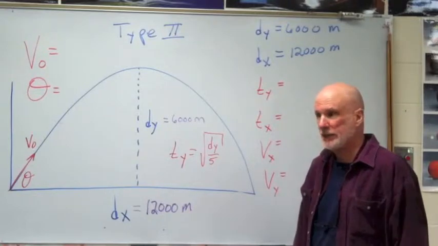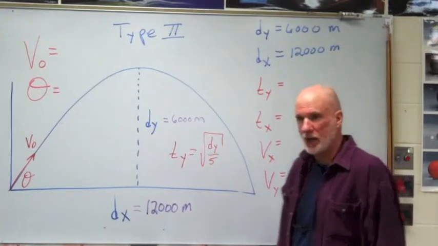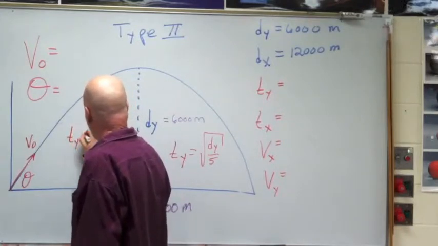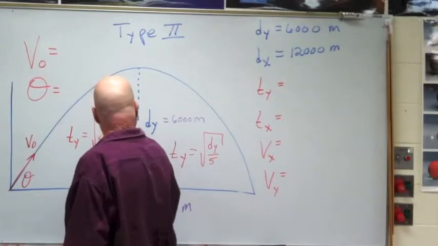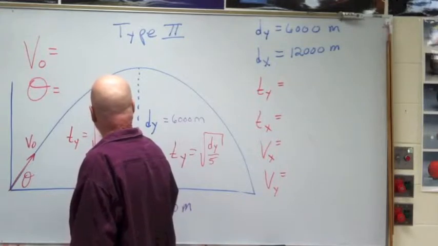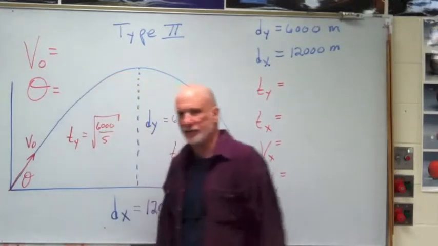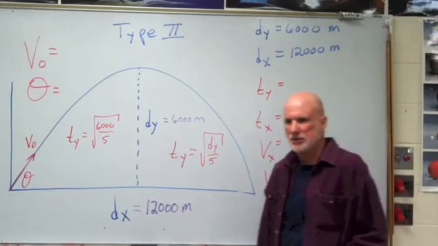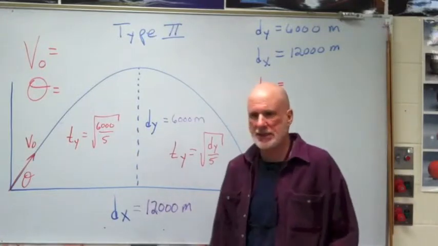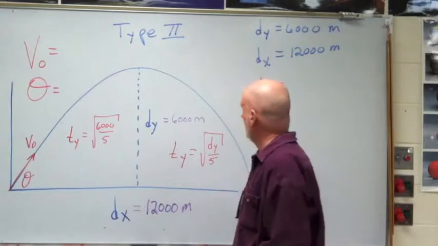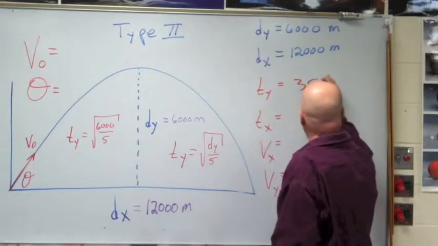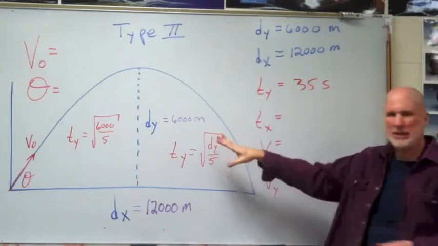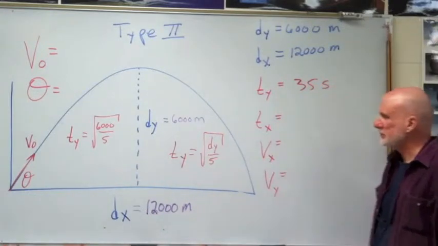So, what is root dy over 5? Ty equals root of 6,000 divided by 5. That is 34.6. Can we say 35? Is that okay? Yeah. 35 seconds. Okay, now, let's leave that there for now.